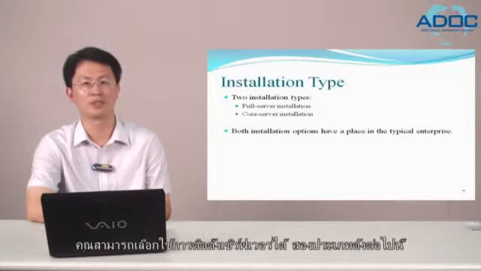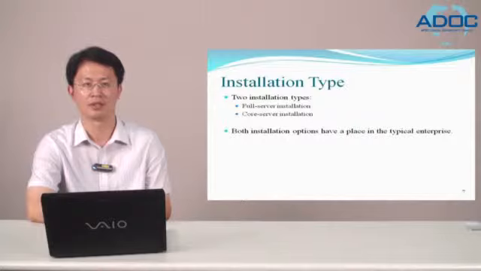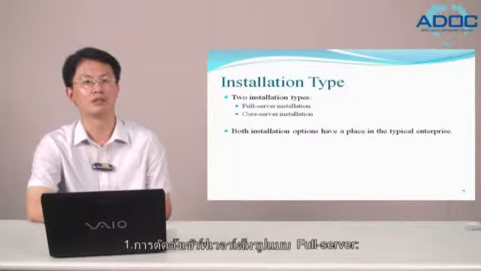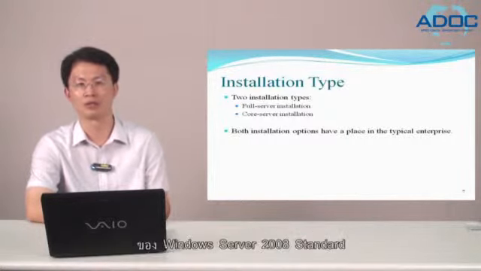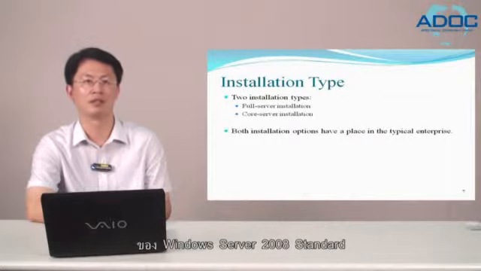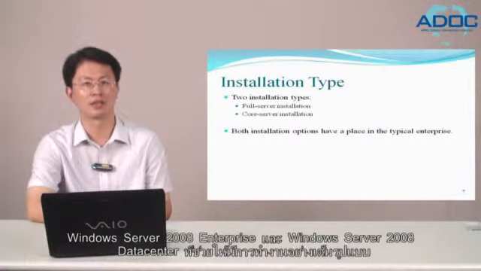And you can deploy servers using one of two installation types. First one, full server installation. The full server installation type is a full-feature installation option of Windows Server 2008 Standard, Windows Server 2008 Enterprise, and Windows Server 2008 Datacenter that provides full functionality.